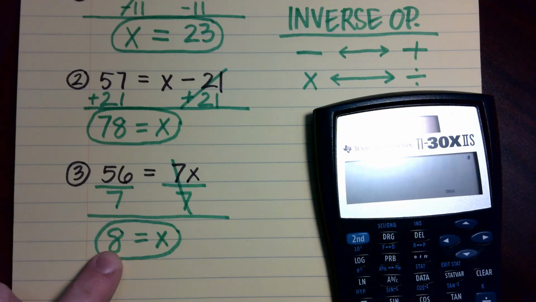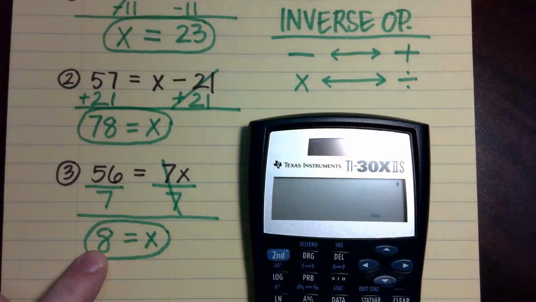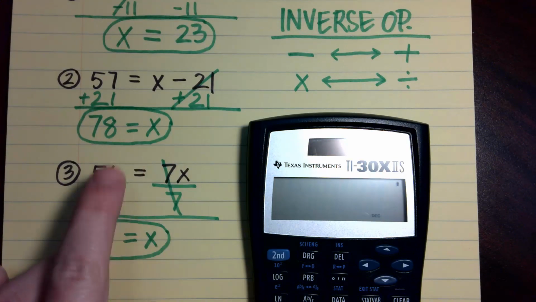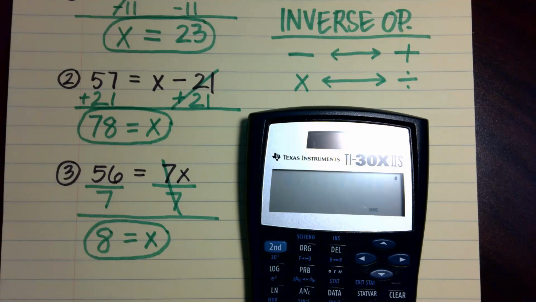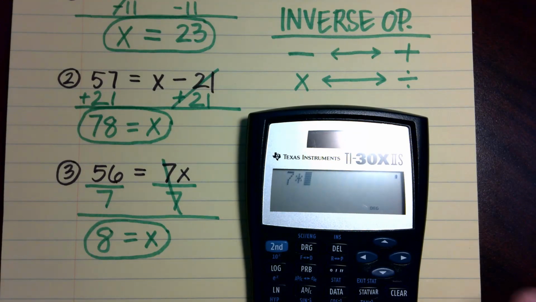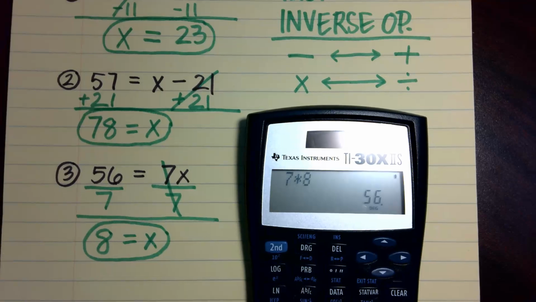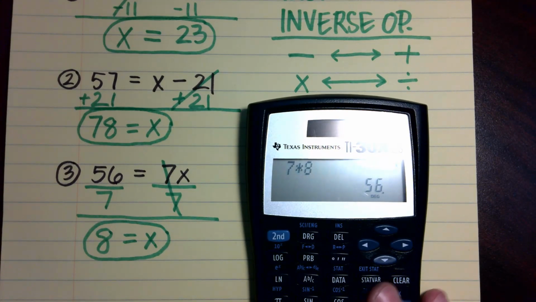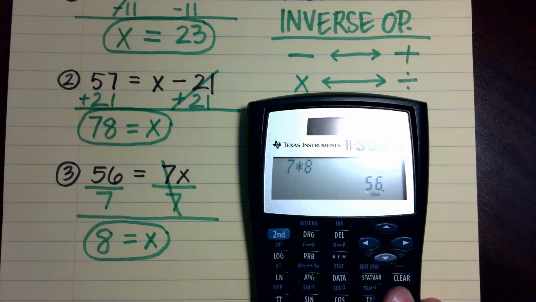So if I found out that x equals 8, whenever I do 7 times 8, I should get 56. So let's try that. 7 times 8, I got 56. So whenever you do it again next time, let's say you get 125, you wrote it all correctly, and there's nothing that would make you think it was wrong.